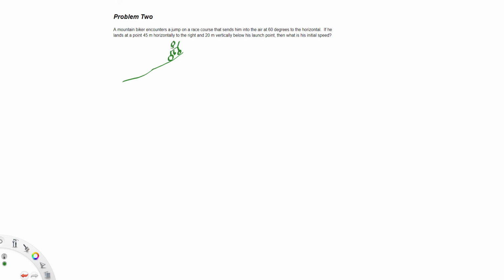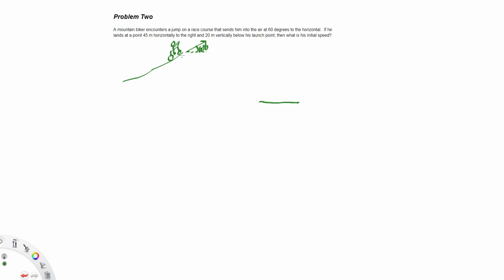Pretend that this is how mountain bikes look. We've got an initial velocity, 60 degrees to the horizontal. And we have a landing point down here.